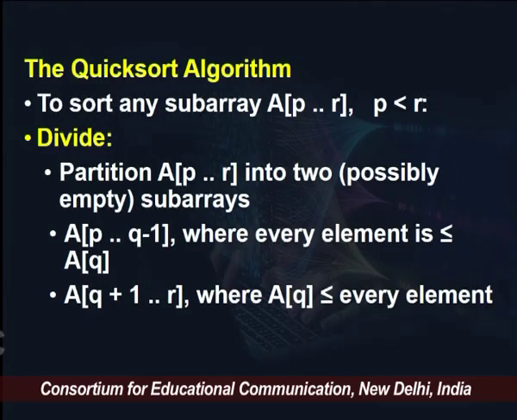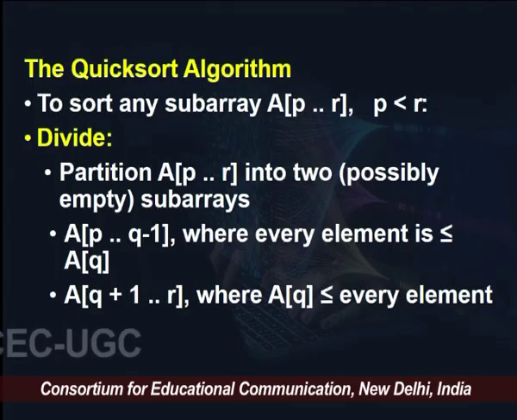Let us see how the divide, conquer and combine steps take place in quick sort. In the divide step, we partition the array A[p..r] into two, possibly empty, sub arrays. The first sub array is from p to q minus 1, where every element is less than A[q].